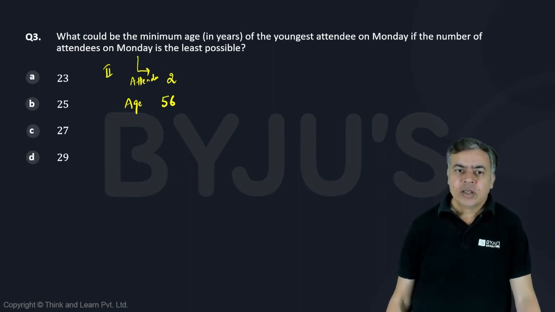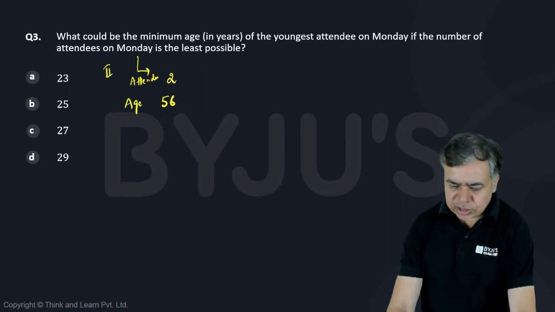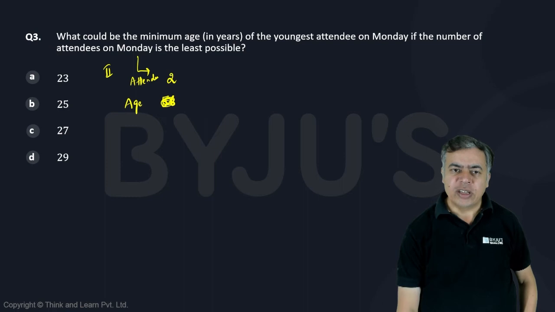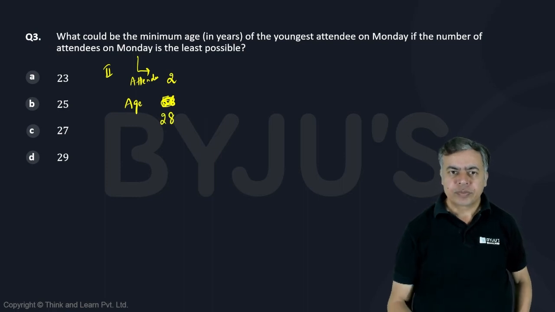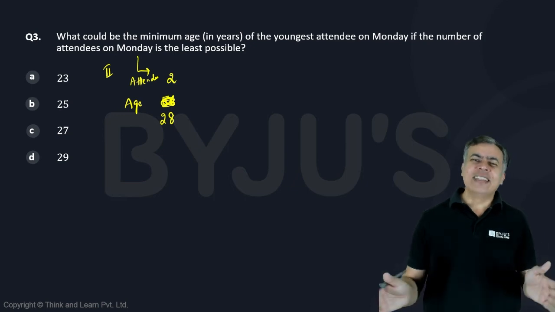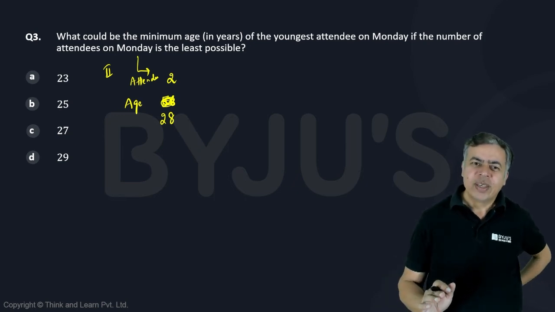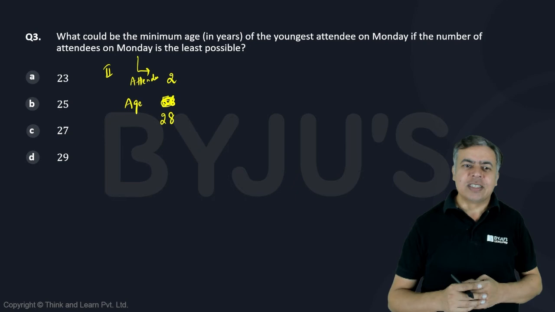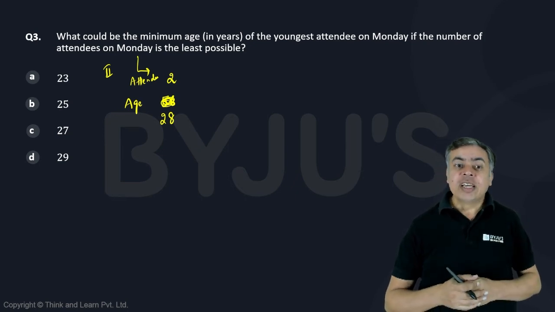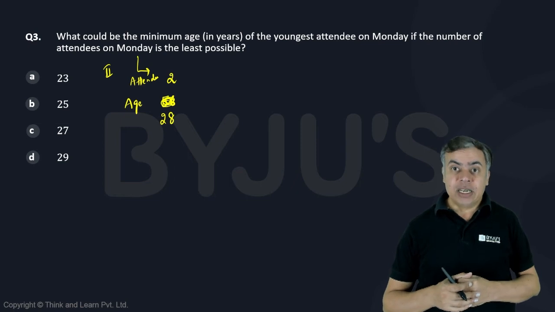So the total age is 56, and the average is 28, because average is in the 20s only. So the total age was 56 in the second case. Now he's saying what could be the minimum age.